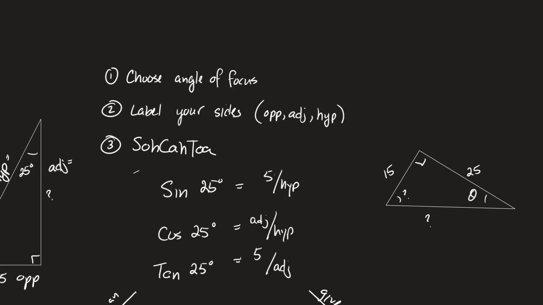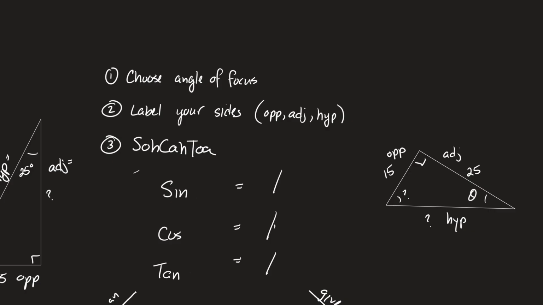All right, so I am going to clear all this out, get my template all the way empty, and here we go. I'm going to label the sides. Opposite side, adjacent side, hypotenuse. I'm going to deal with my sine, cosine, and tangent.